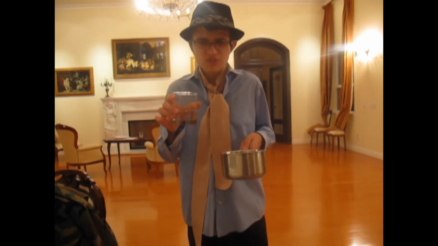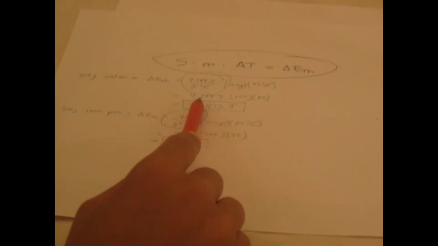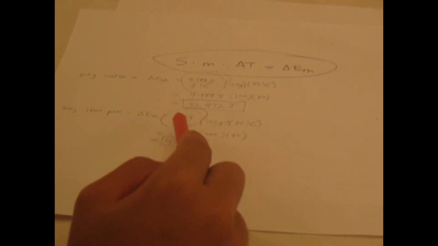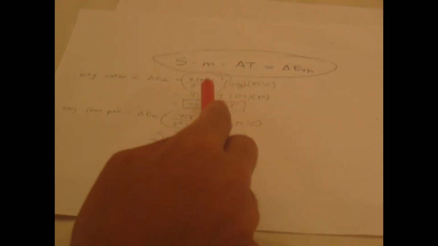Why did they require different amounts of thermal energy? Alright, so look at this. This is the specific heat capacity for water. Now look at this. It's the specific heat capacity for iron. This is, say, about 9 times lower than this.